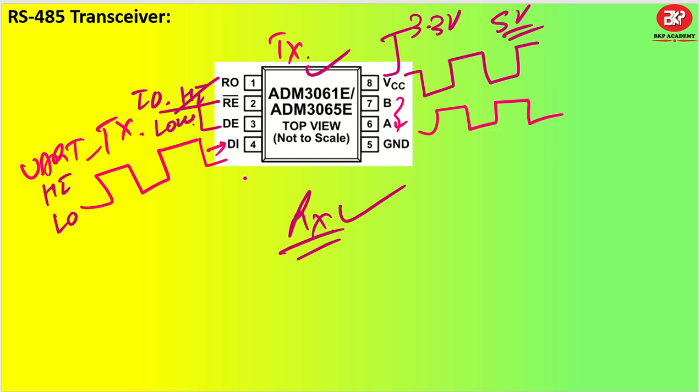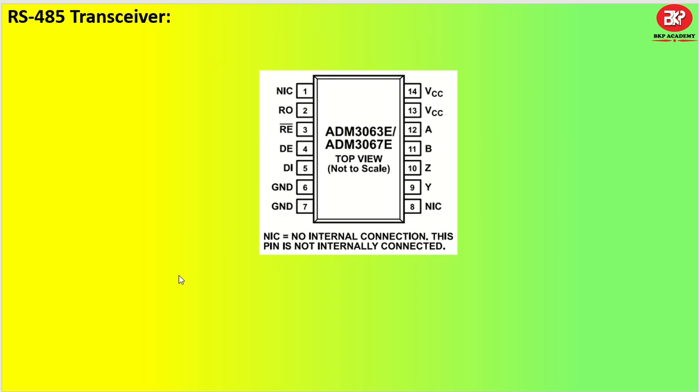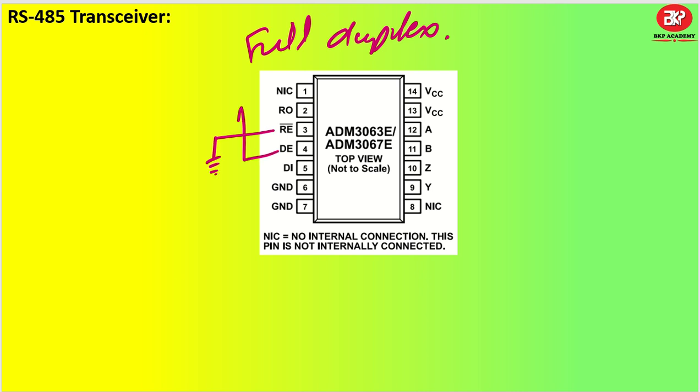In receiver mode, A and B will be acting as receiver input, and in transmitter mode, A and B will be acting as driver output. This is how it works. Similar to that, for the full duplex case, both of them can be enabled together, so this can be pulled low and this can be pulled high.